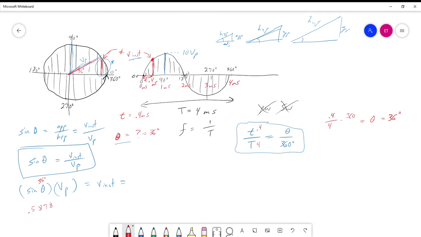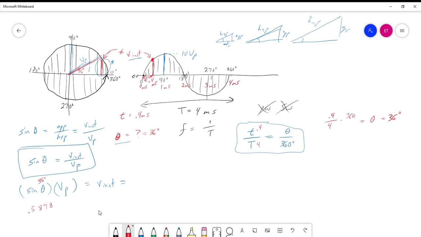That's the ratio of this to this for this angle. It's also the ratio of this to this, right? It isn't drawn quite to scale, but we'll have to live with that. I can see I'm a little more than half.